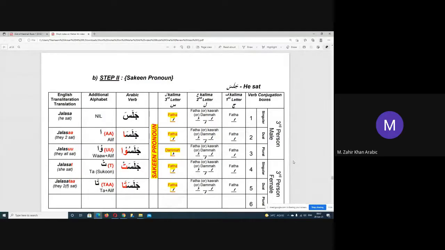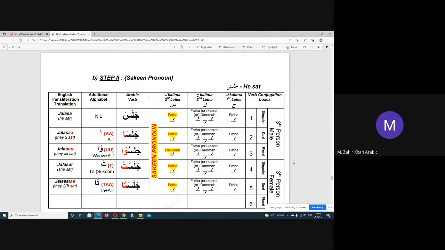For example, you can see the third radical in this verb jalasa. The jim is the first radical, first letter. Lam is the second radical or second letter, and sin is the third radical and third letter. The sakin pronoun is nothing but the third radical, which is sin, will have either fatha or dhamma on it. So what are the conditions?